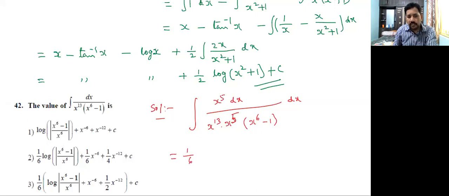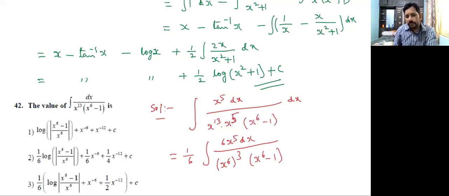Now see that: 1/6, 6x^5 dx, x^13 into x^5. The bases are equal, so the powers should be added: x^18. That is, we can write (x^6)^3 (x^6 − 1).